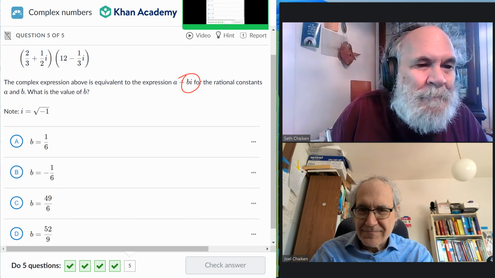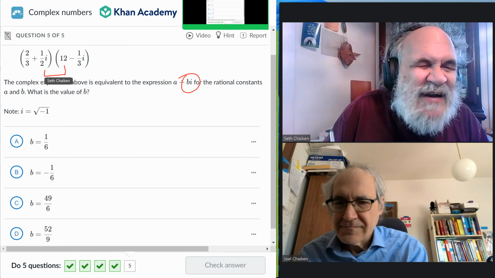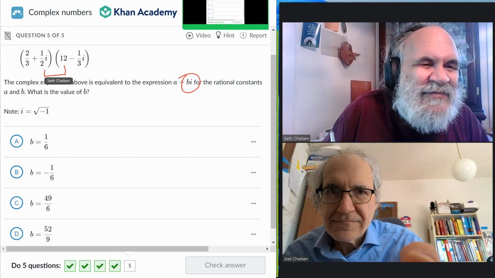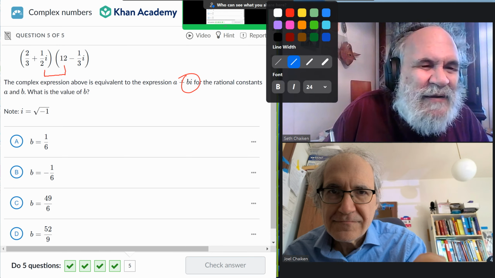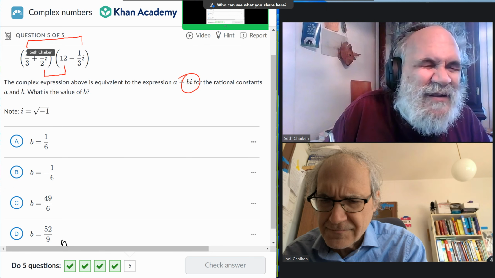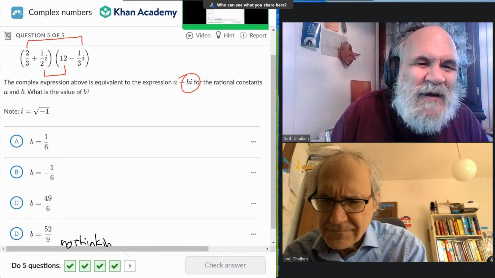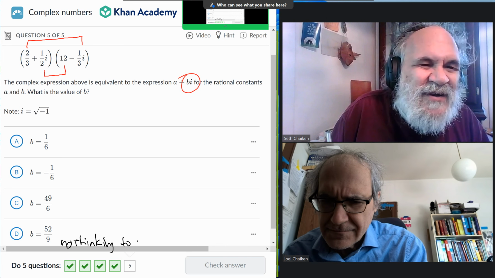The imaginary part is obtained by multiplying the imaginary part of the left by the real part of the right, and multiplying the real part of the left by the imaginary part on the right. Okay? And that gives you the imaginary part.